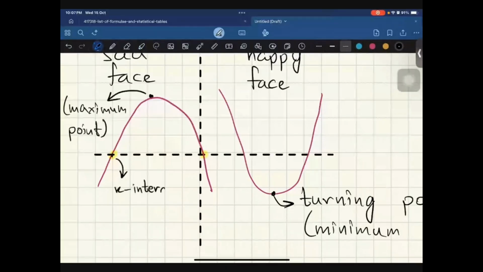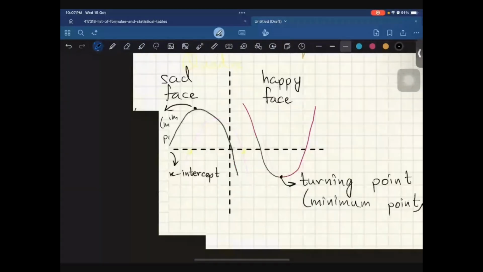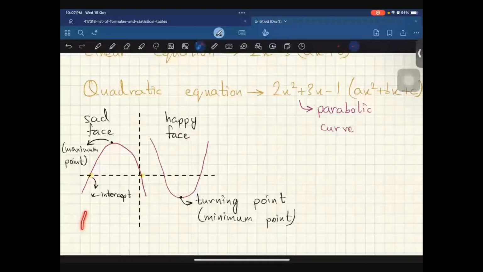Okay. So a quadratic curve might have one x-intercept, it might have two x-intercepts, and it could also have no x-intercepts. Now, how does that work? If the quadratic curve is, let's say, like this, then it will have no x-intercept because it's not cutting the x-axis.